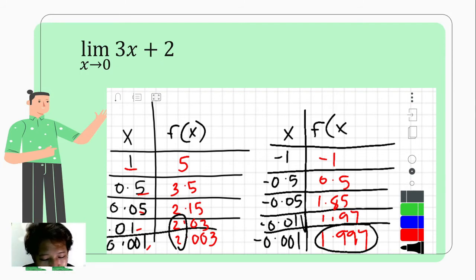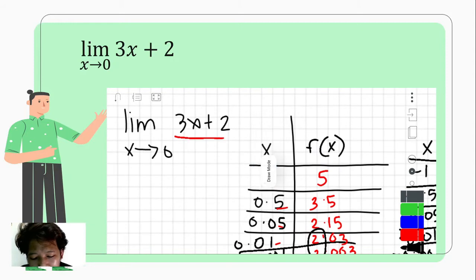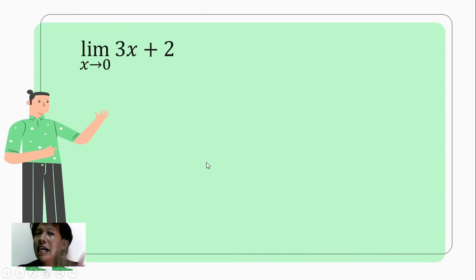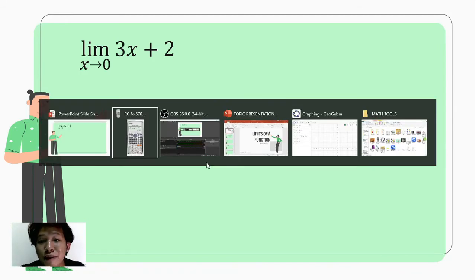So, we may conclude that the limit of 3x plus 2 as x approaches 0, since we already have proven it, would be 2. So this would be the answer, or this would be the limit of the function. We may prove it as we graph the function.